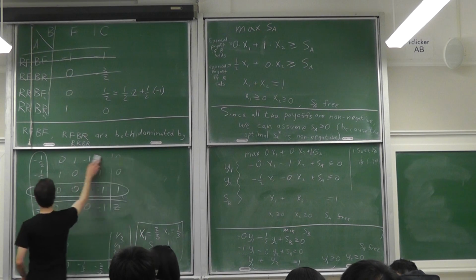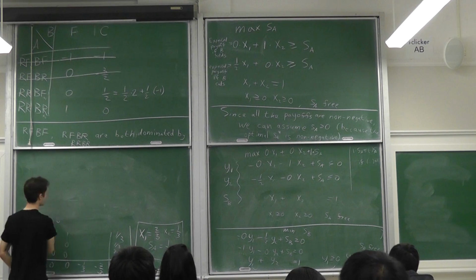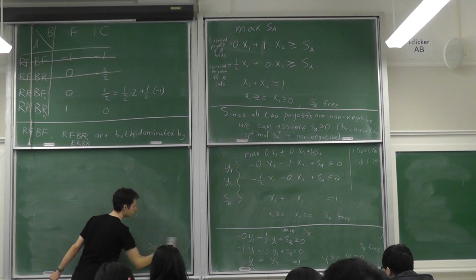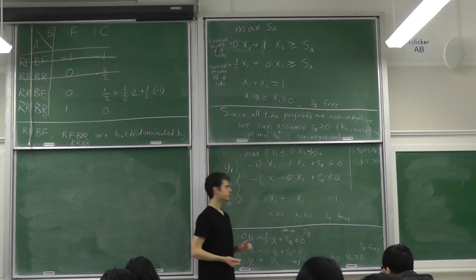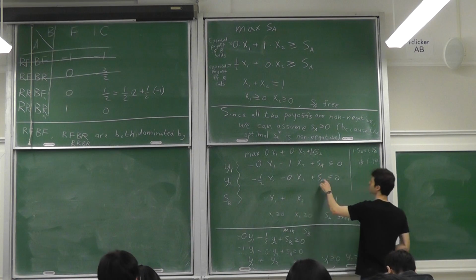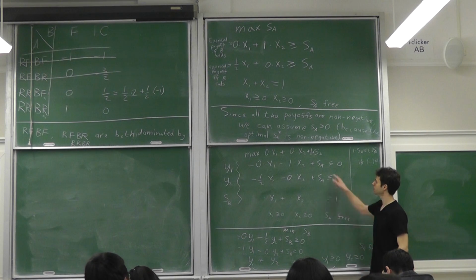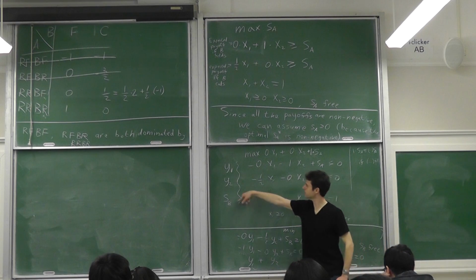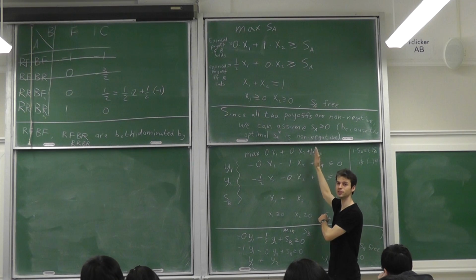So let me write down the dual again. From this problem about duality in general, we see that if we have a free variable in the primal problem, then what happens is you don't want the corresponding inequality, the dual constraint, to be an inequality, you want it to be an actual equality.